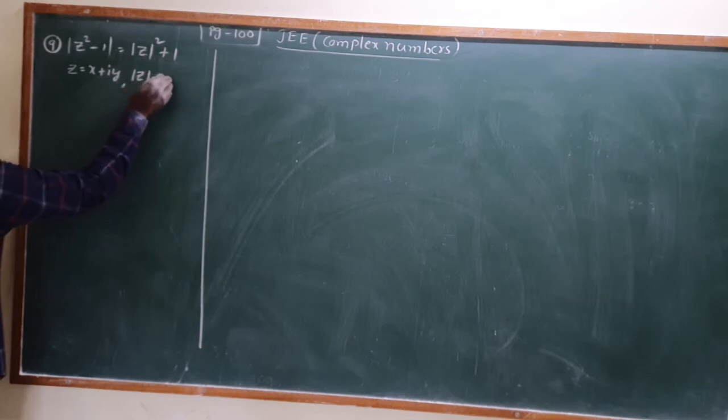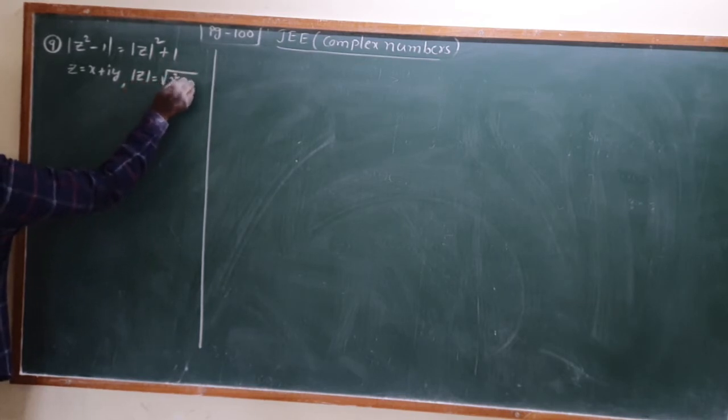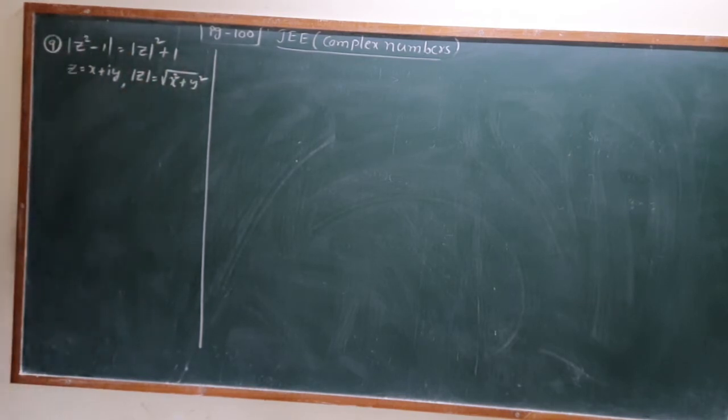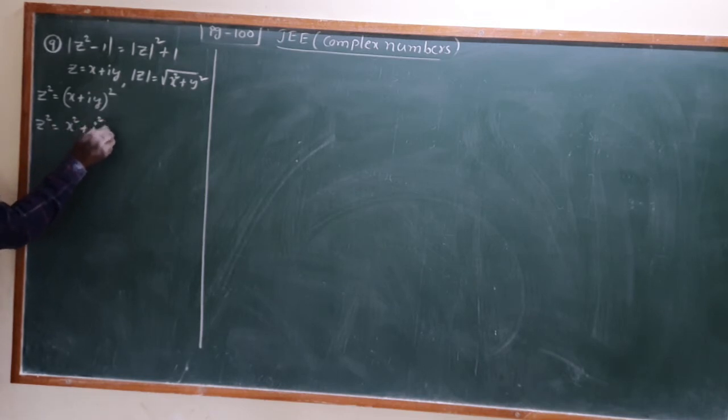Mod z is under root of real part square plus imaginary part square. I am finding z square: x plus iy whole square, then z square equals a square plus b square plus 2ab.